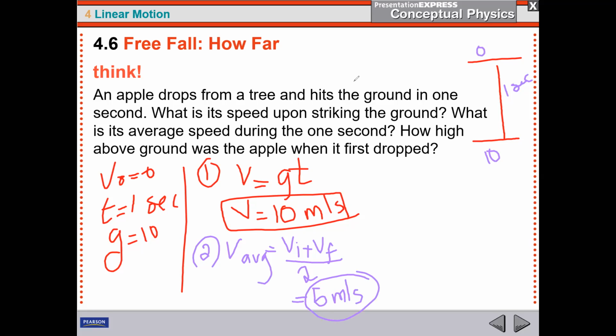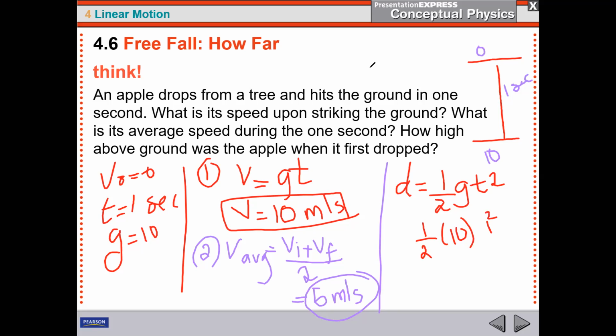The last one. How high above ground was the apple when it was first dropped? How high? He asked me about the distance. Distance. Just half GT squared. Half times 10 times 1 squared, which is also 5 meters.